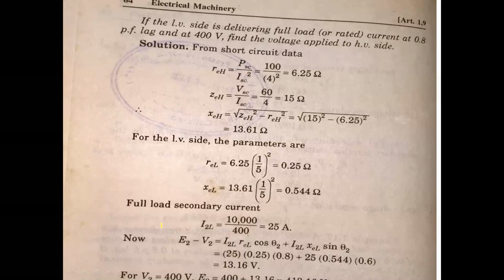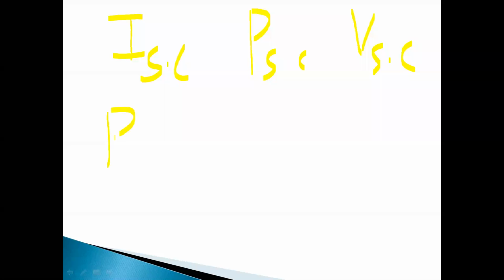In the short circuit test we have three readings: current, voltage, and power. PSC, the short circuit power, gives the copper losses, that is I squared R.